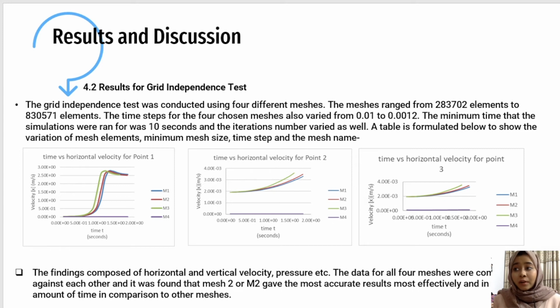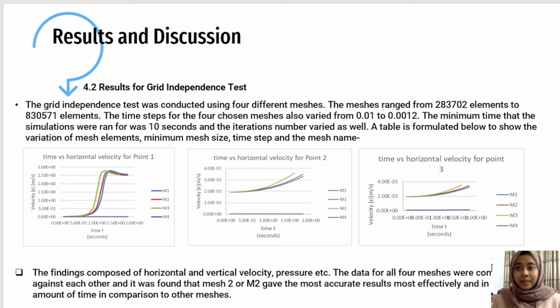For our case, the mesh ranges from 283702 elements to 830571 elements, and the time steps that were chosen ranged between 0.01 to 0.0012. Here you can see that all four meshes were compared against each other, and it was found that mesh 2 gave the most accurate and most effective results in the least amount of time compared to other meshes.